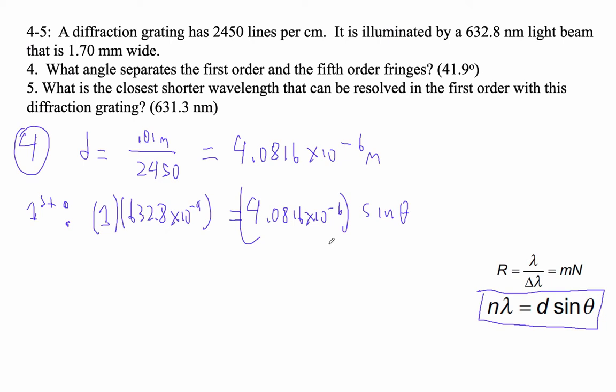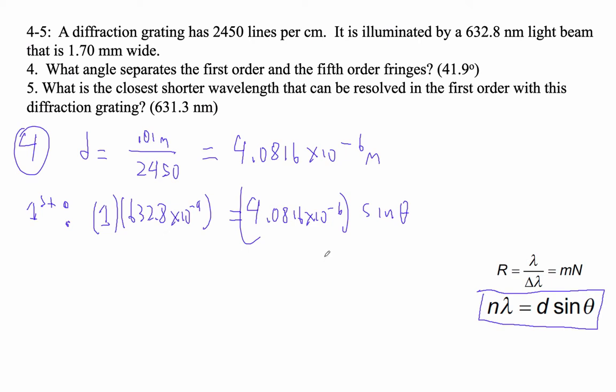I can do this. All right, so inverse sine, 1 times 632.8 times 10 to the minus 9th divided by that number, right parenthesis.